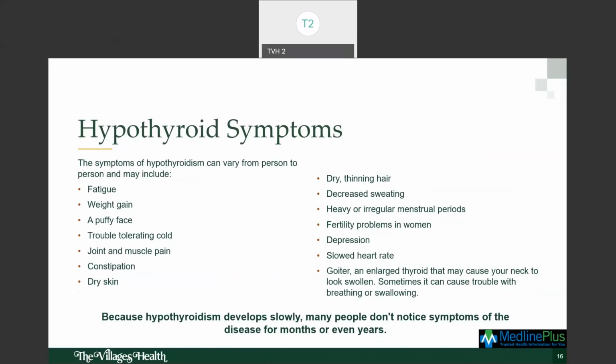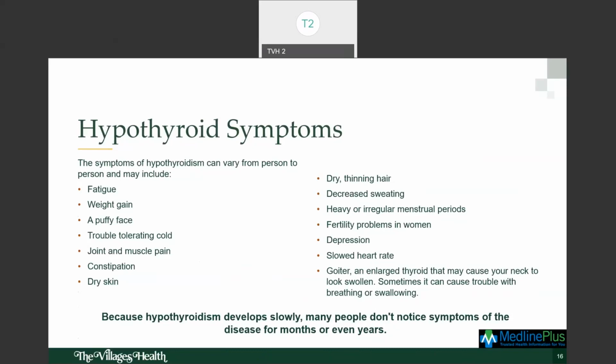You might have some unusual joint and muscle pains, even some constipation, dry skin, dry or thinning hair, and a decreased amount of sweating. So this is one where, if you're usually a heavy sweater when you go out and do some exercise or work in the yard, with hypothyroid you may notice that you're not producing as much sweat as you were before.